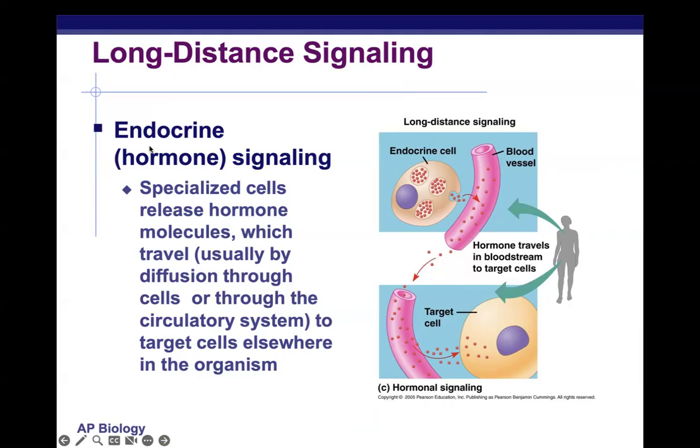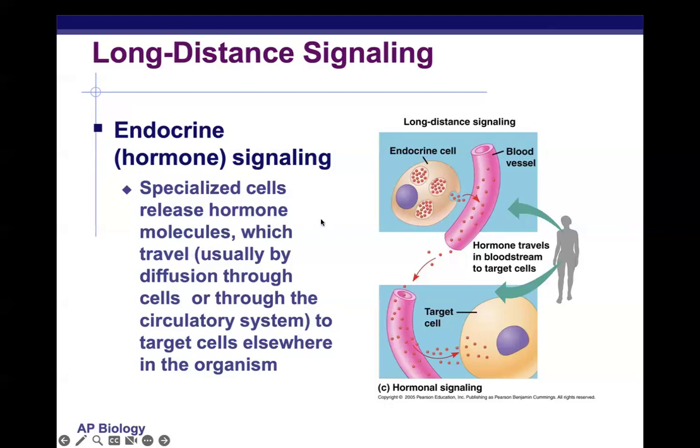This is why we classified, when we were talking about in our first unit in chemistry of life, steroids as signaling molecules, because many steroids are hormones and work in the endocrine signaling pathway. And these hormones or endocrine signaling molecules are produced in specialized cells.